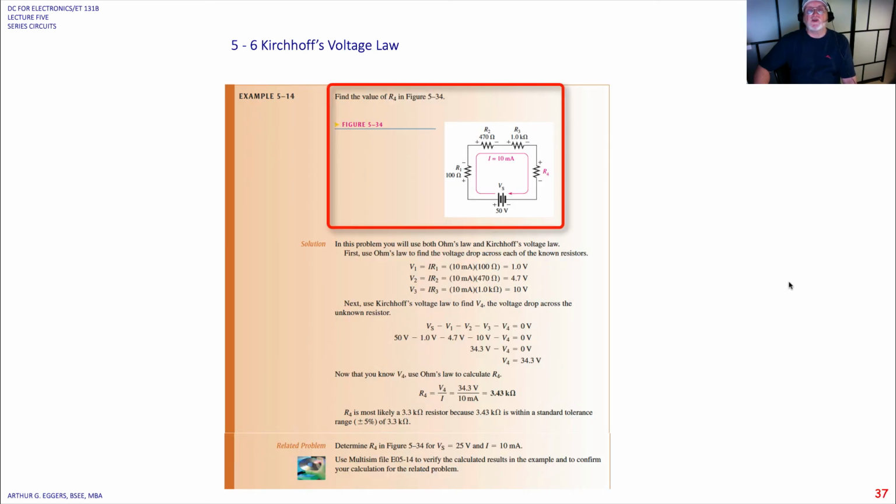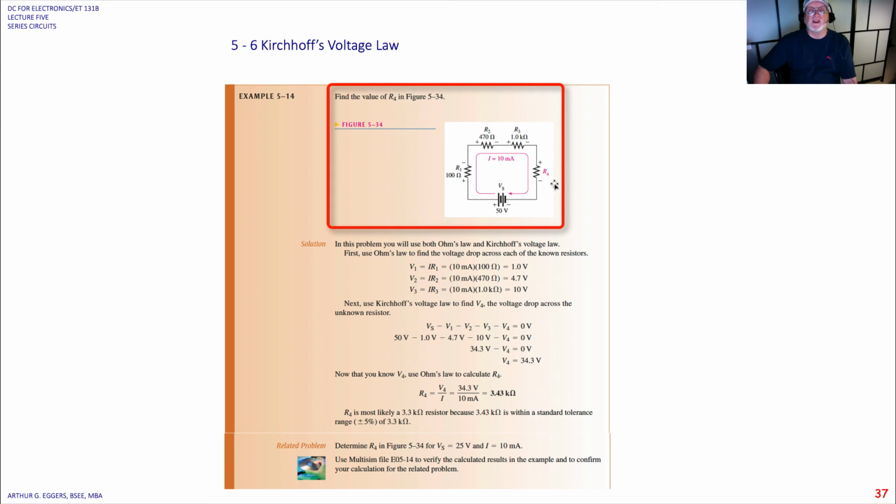Okay, so as we move on here, you're going to see that the circuits become a little more complex. We're adding components. So in this case, we've got a 50 volt source. We know that we have 10 milliamps of current flowing through, and we've got 1, 2, 3, 4 resistors. R1, R2, and R3 are shown here with values.